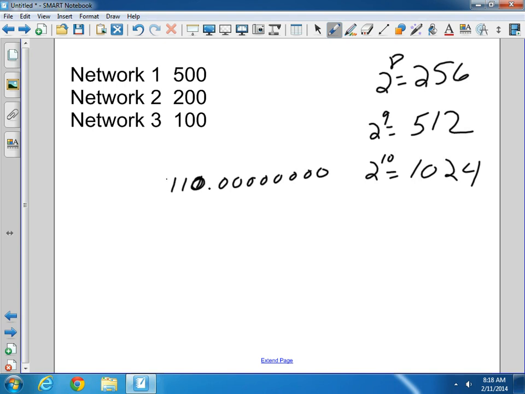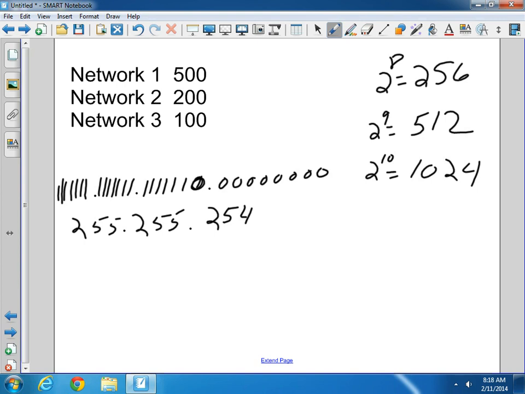And then you fill the rest in with 1s. Now, what's my new subnet mask? This is easy because the 1 spot is off. You subtract 1 from 255, it's 254. And then we got a dot 0.